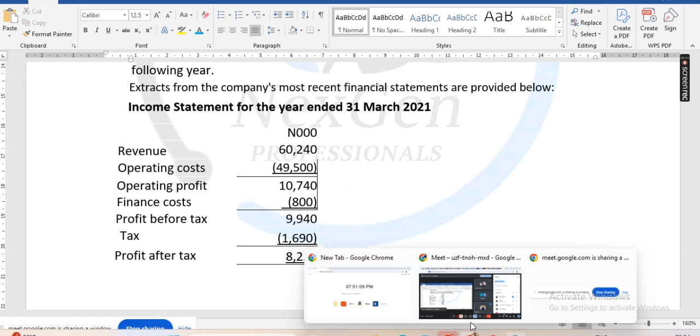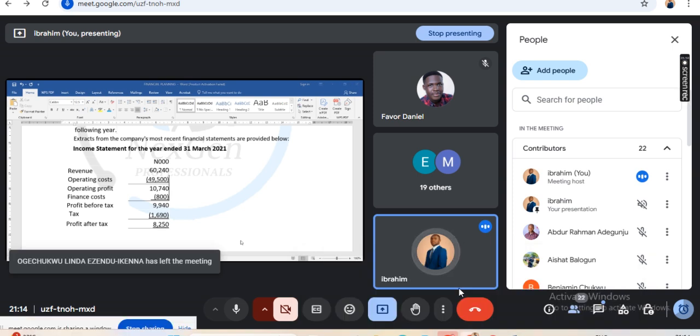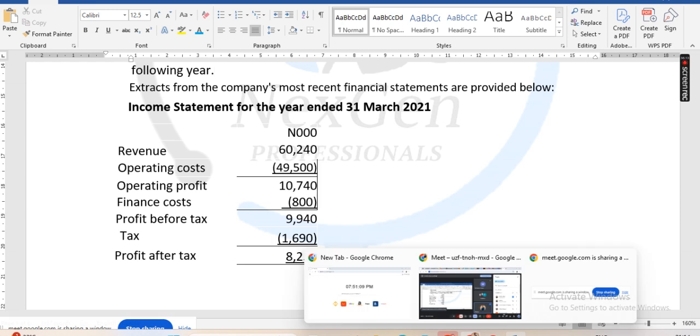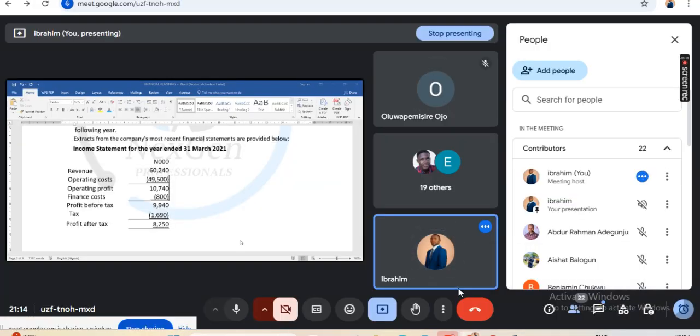6240. Are we tired? It's just two people, others are just sleeping. Are we sleeping? My screen is not showing. It could be your network. The network is terrible bad today.